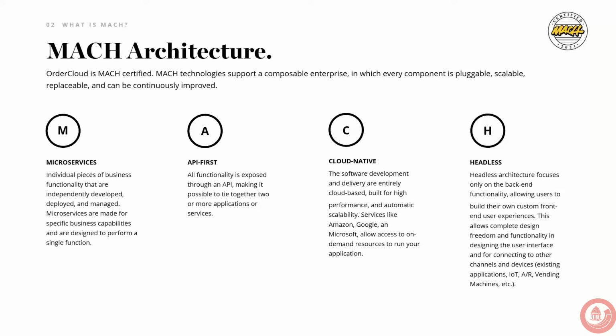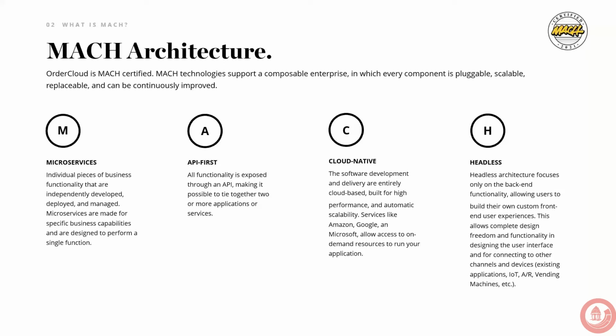What MACH means, if you haven't heard of it, is it stands for microservices, API first, cloud native, and headless. What does that mean? Microservices are individual pieces of business functionality that you can develop and deploy independently. You can think of it as vertical pieces of functionality. It could be handled by totally different teams, ideally.